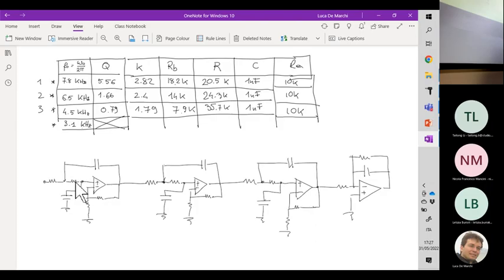For this first stage, we have that the resistor R is 20.5 kilo ohm. The capacitance is 1 nanofarad, both here and here.